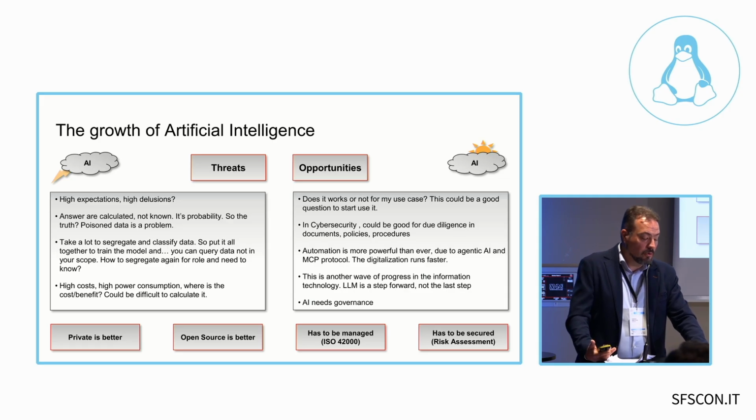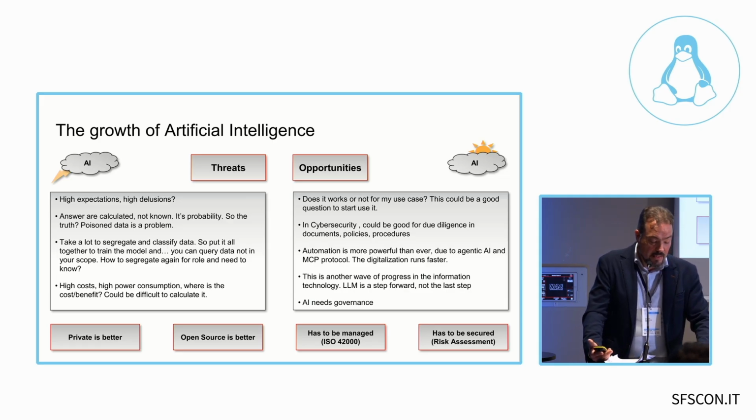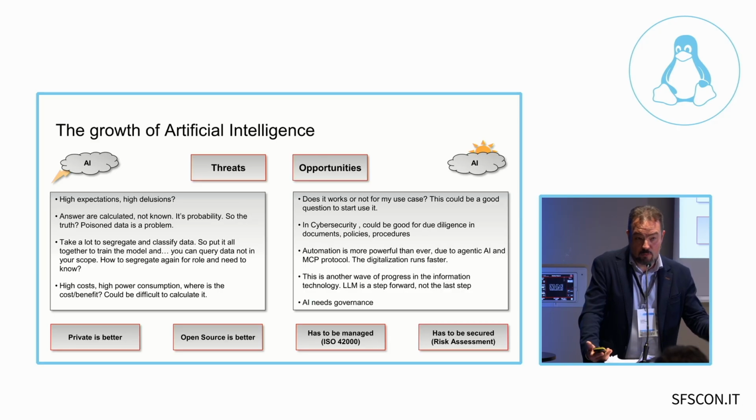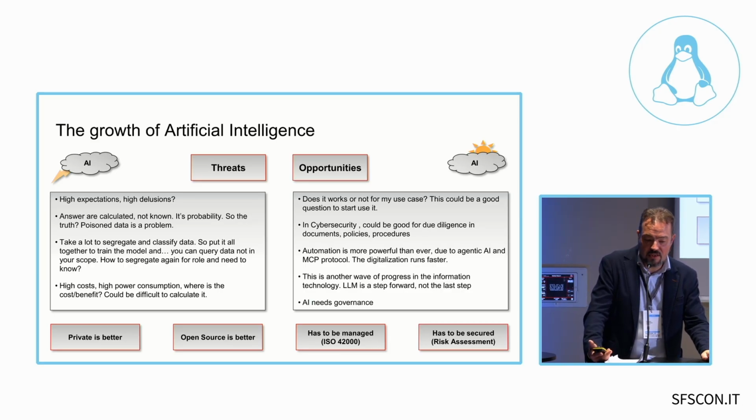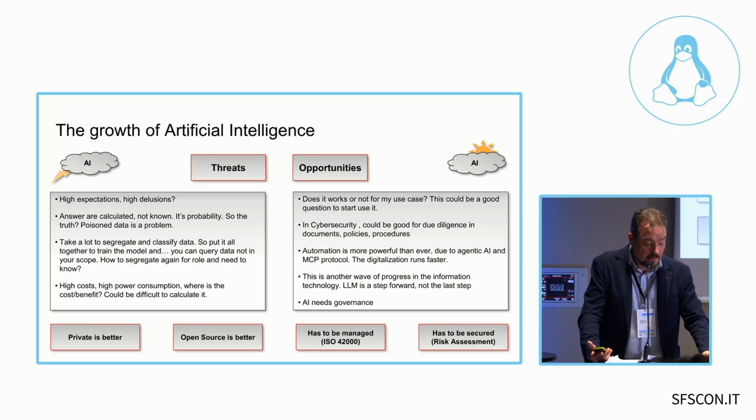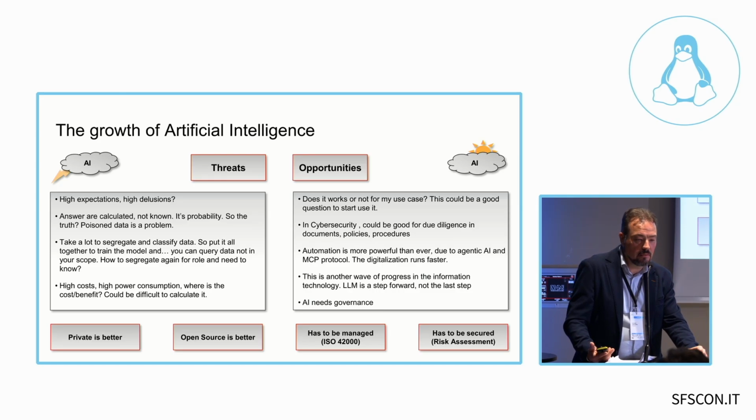There are also opportunities in that. In cybersecurity, there are some use cases we saw also in the previous presentation. The right question is, does it work in my case? If it works, I think we can use artificial intelligence.